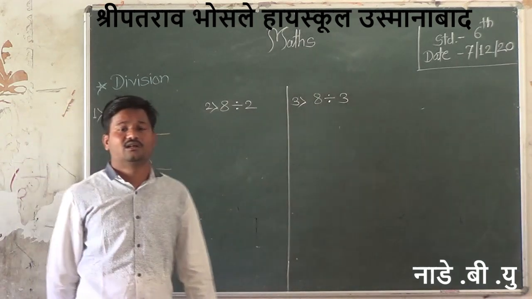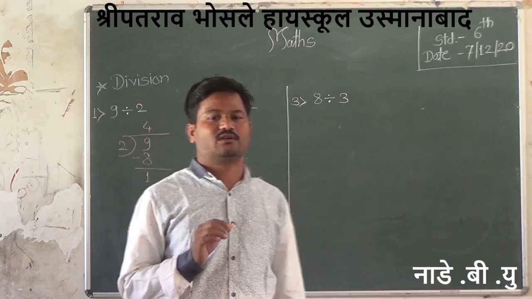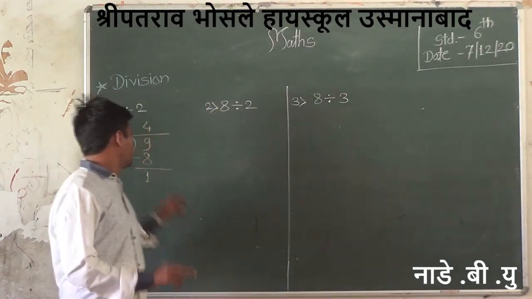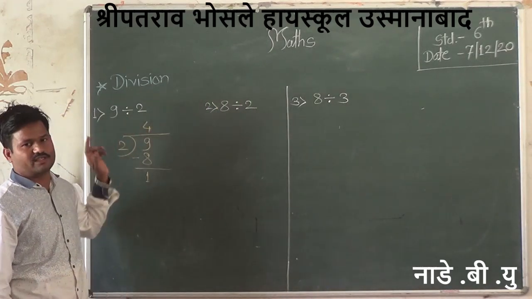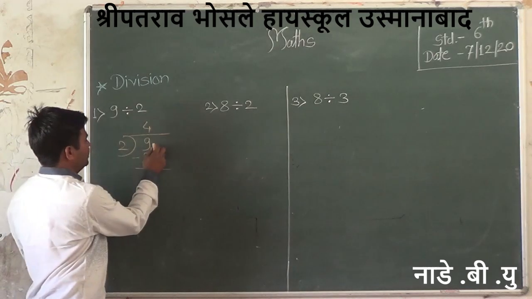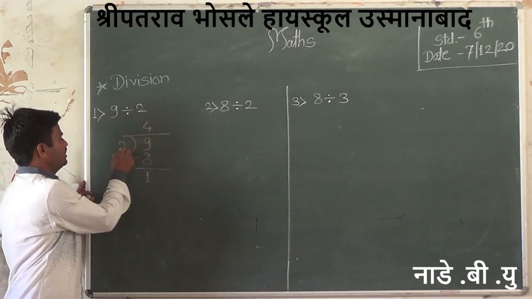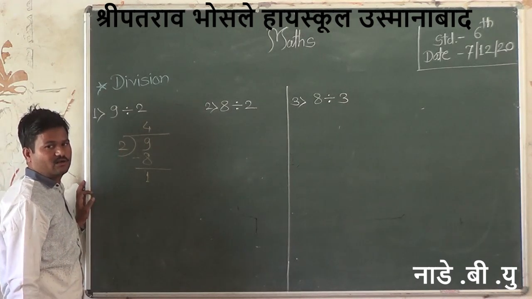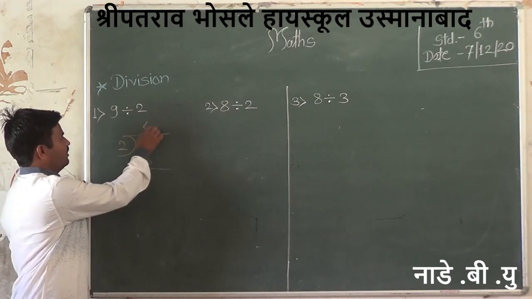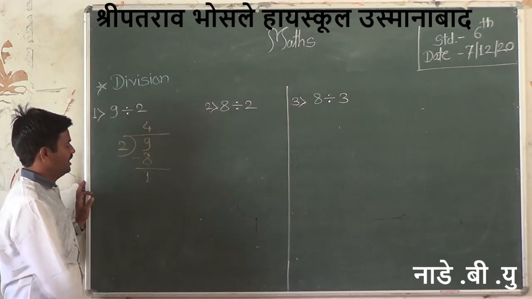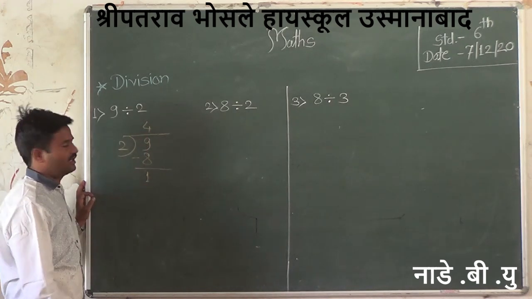Here we see the names of the numbers in the division process. 9 is the dividend, 2 is the divisor, 4 is the quotient, and 1 is the remainder.